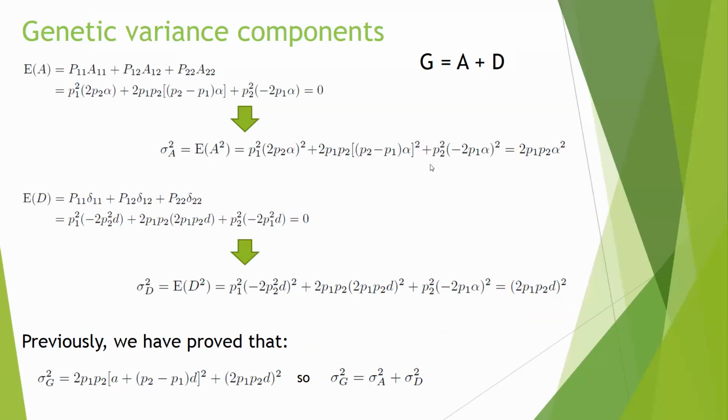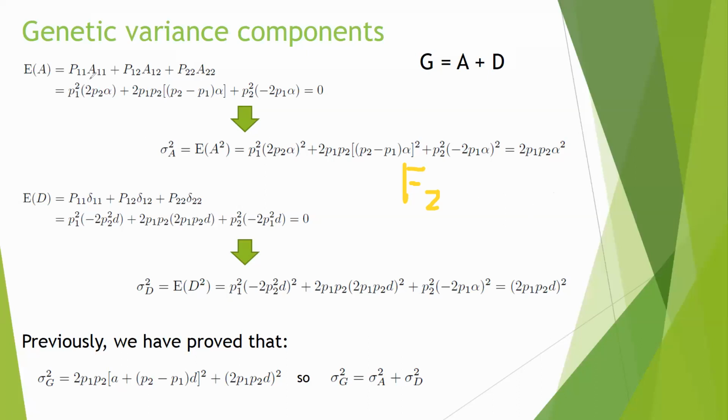Okay. So in the final exam, I could ask you, for example, in an F2 population, if we consider any locus, and this locus can take one of the 3 possible genotypes, right?